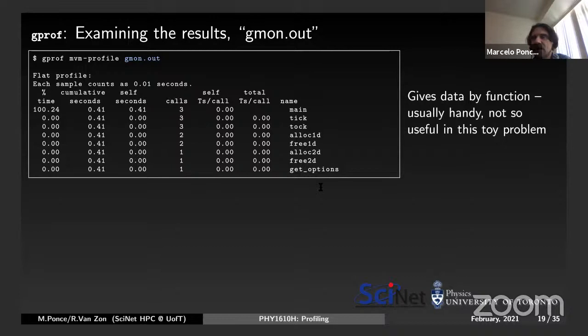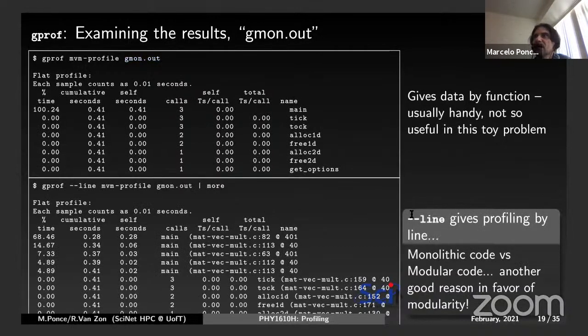In a toy problem like this, it may not be too useful, but you can add the --line option, which allows you to profile by line. So it not only dives by function, but it also gives you the information by line of the code. It tells you which line of the code was actually being executed. Now this comes back to the comparison between a monolithic code and a modular code. If you have a modular code, you have more information by looking at the function.